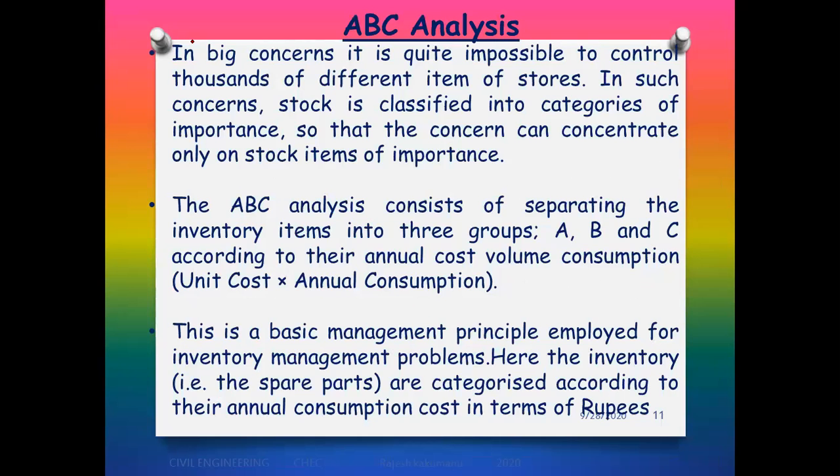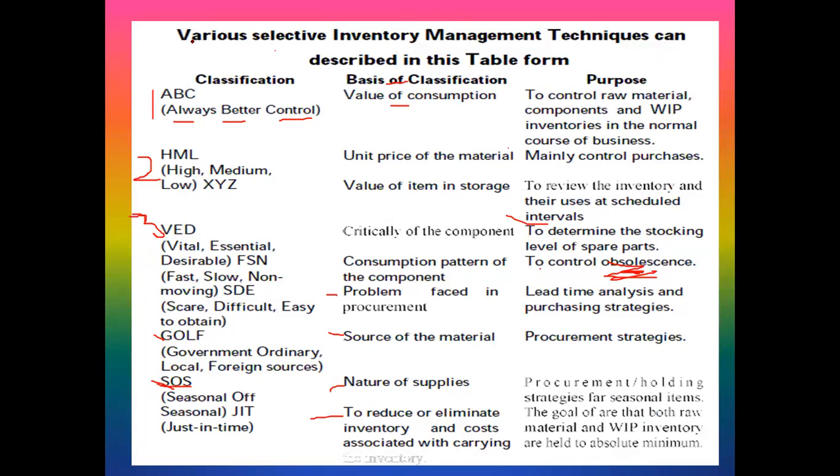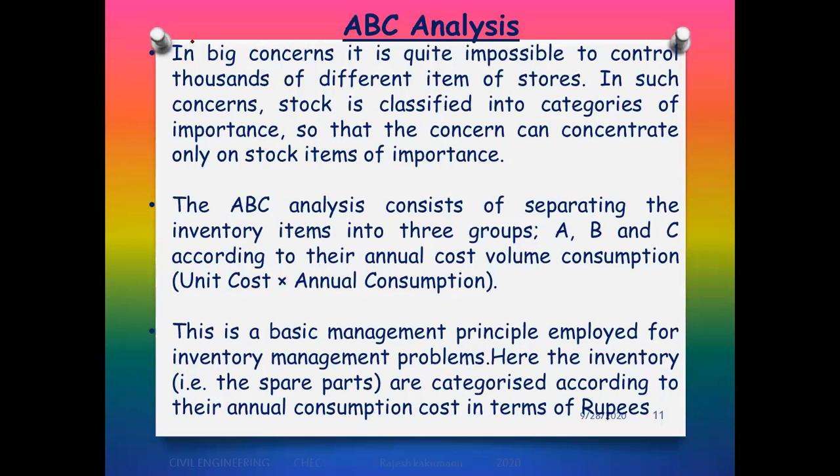So based upon this minimum information, what is there in this description table? We will go in depth into the meaning of each analysis. Next, the first one is ABC analysis, right? Then what is the meaning of ABC? Generally, always better control.